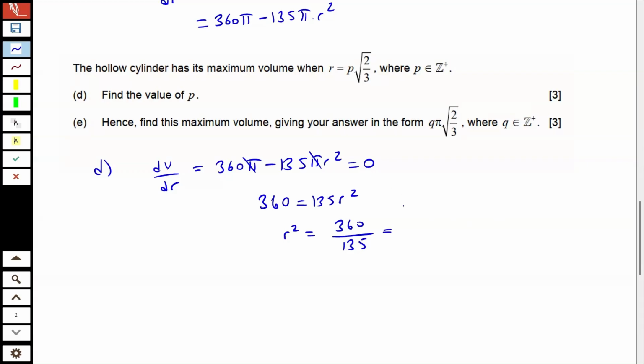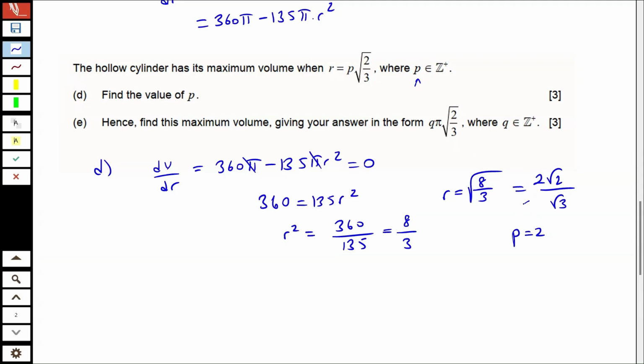You can divide both numerator and denominator by 45. It's going to be 8 over 3. Let's say square root of 8 divided by 3, which is 2 times square root of 2 divided by square root of 3. We can mention that p is 2.